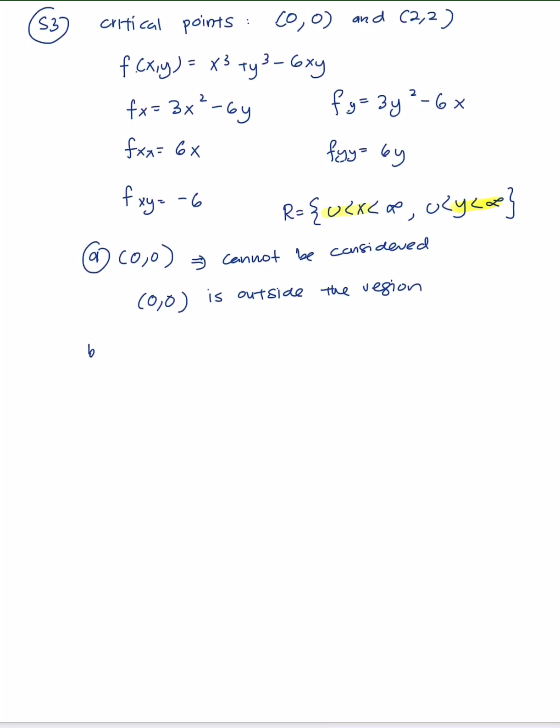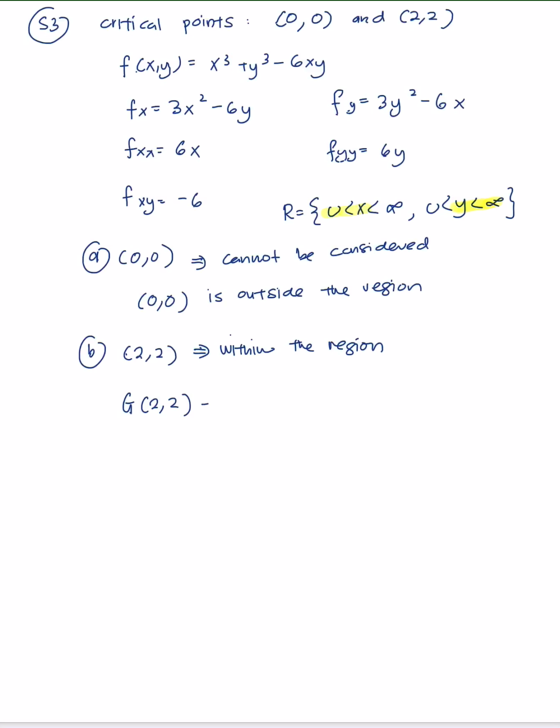Therefore we only consider (2, 2) as the critical point, since (2, 2) is within the region. So we only calculate g(2, 2).